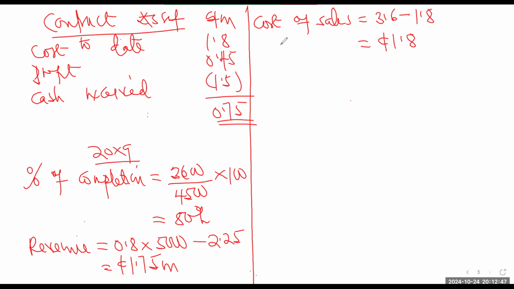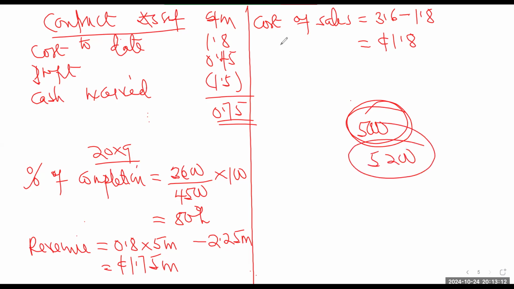We treat the loss as onerous contract when the loss is arising from the contract as a whole. What it means is that, let's assume that our contract price is 5,000. By the end of year 2, we are now expecting to incur a cost of 5,200 in all.